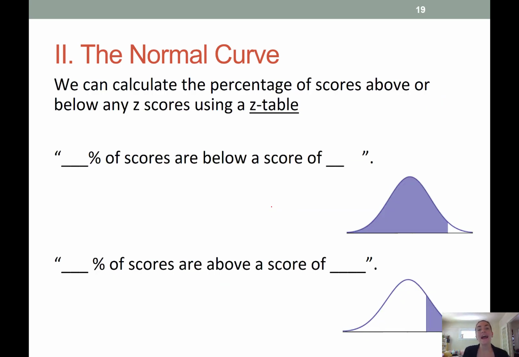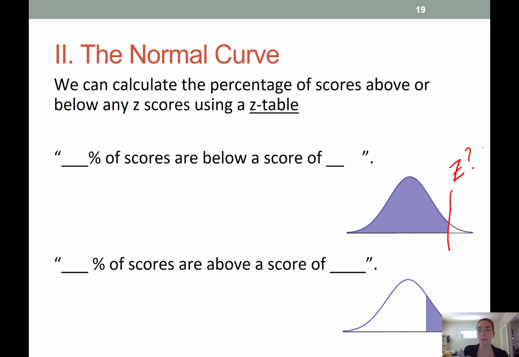Okay, and we can calculate the percentage of scores that fall above or below the mean or between 2 different values very specifically using what we call a z-table. So if you have a particular score here, this is someone's z-score, then we could actually look up that z-score in what we call a z-table, and there's a z-table in the back of your textbook, or you could look it up online.